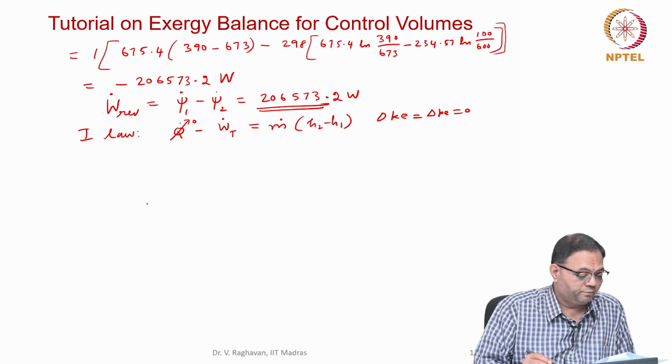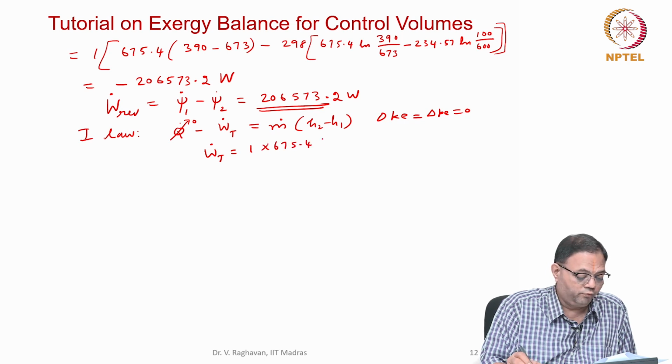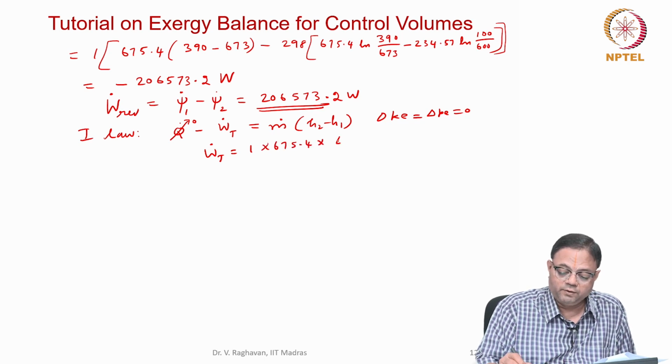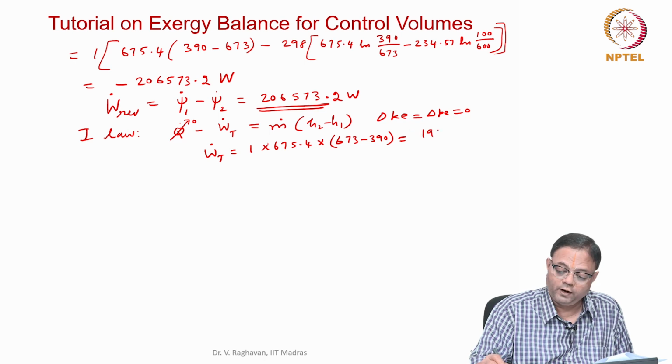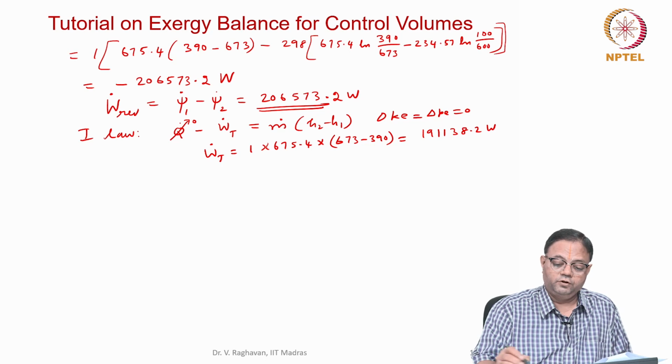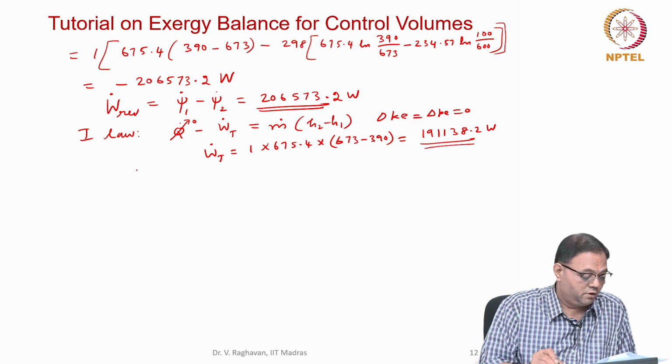So now from this I can find WT equal to 1 into Cp mix, 675.4, into initial temperature 673 minus final temperature. Okay, so that will be equal to 191138.2 watts. So this is actual work. You can see that the reversible work is higher than the actual work developed.